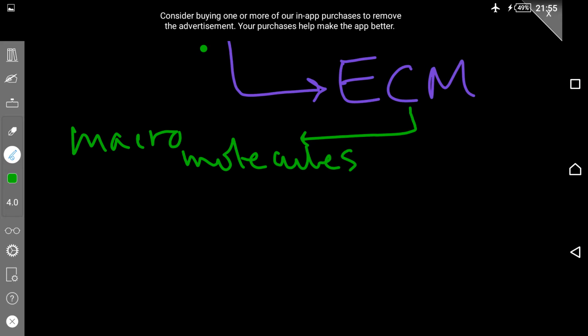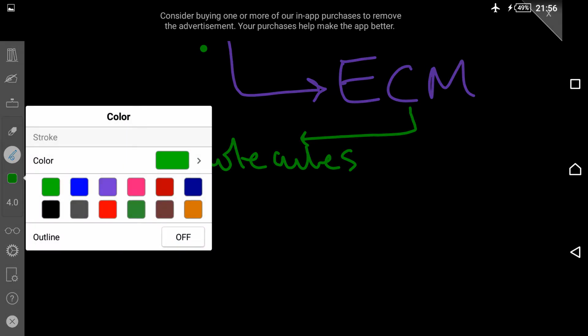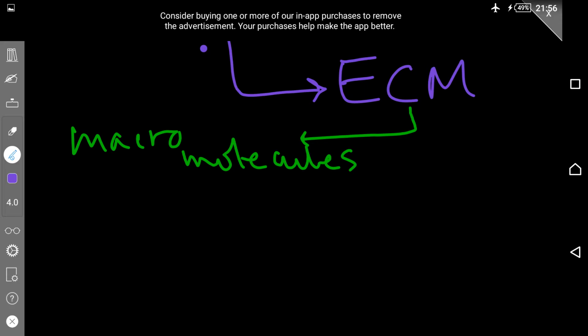So the big molecules in the extracellular space, or in the space between the adjacent cells, are the molecules at the structure of the extracellular matrix. These molecules usually form complex structures.